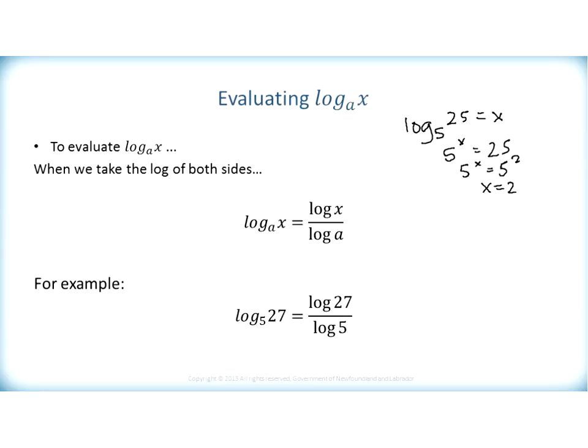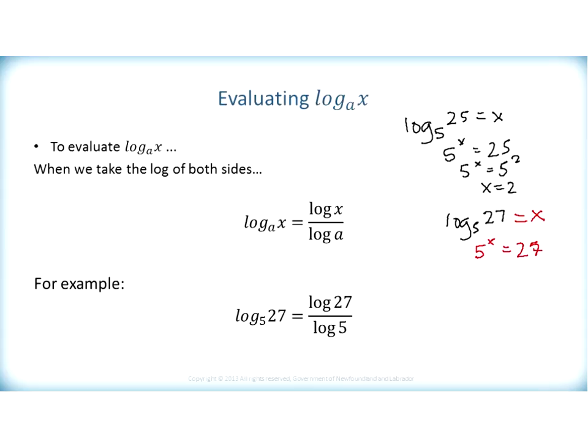But what if we had log of 27 base 5? If I were to set this expression equal to x, that would give me 5 to the power of x would equal 27.